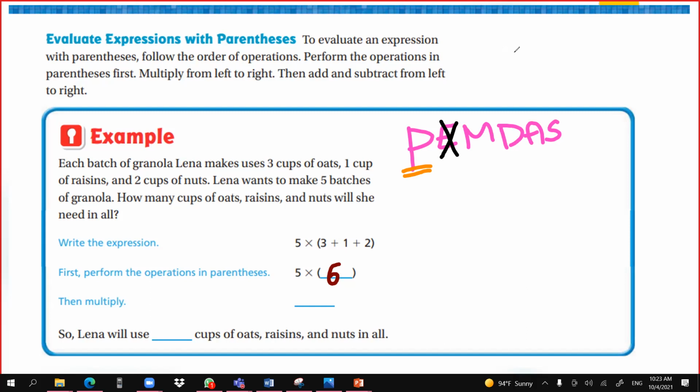Then after that, starting from left to right, what do we have now? 5 times 6. It's easy. 5 times 6.